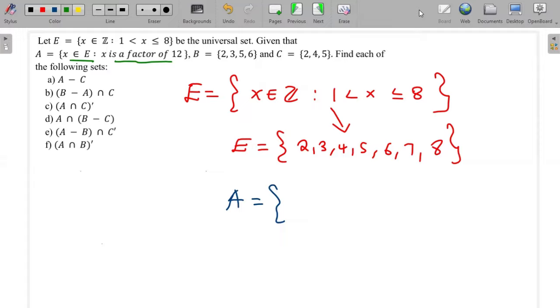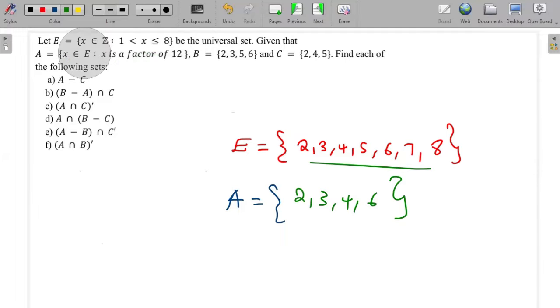Okay, awesome. Yes, so meaning that we are looking for numbers in this universal set that are factors of 12. Those are the numbers that are going to be in A. So which numbers here can go into 12 without leaving a remainder? The first one will be 2, 3, 4, 6, and that's all. So that is our set A. And then the other sets have already been given.